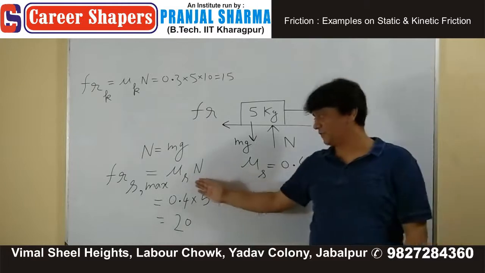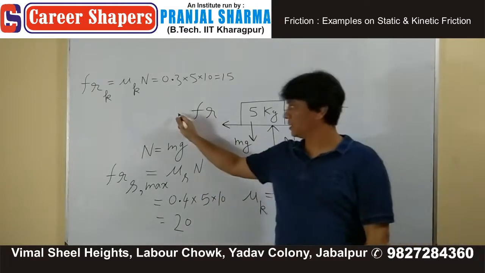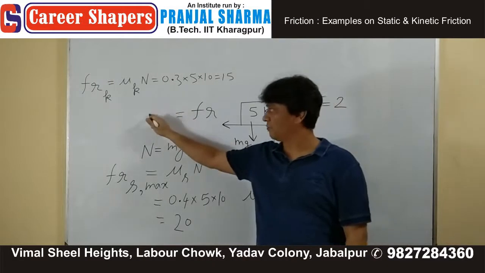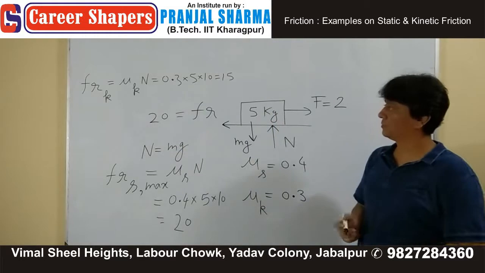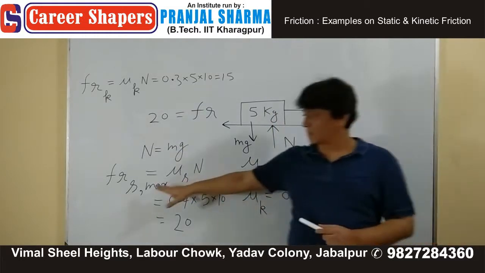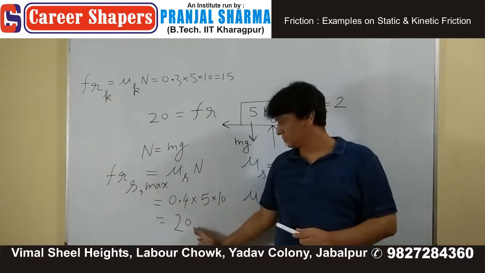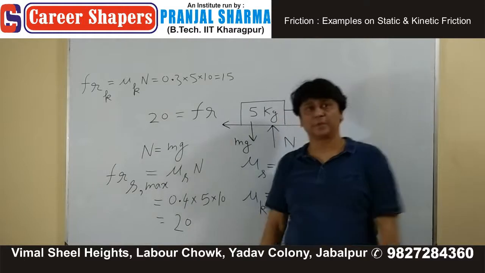We have found Fr static as 20. Immediately people put this value of Fr, 20. Fr static which is coming 20, people picked it up and put it here.